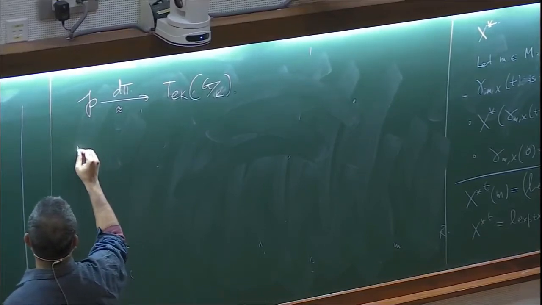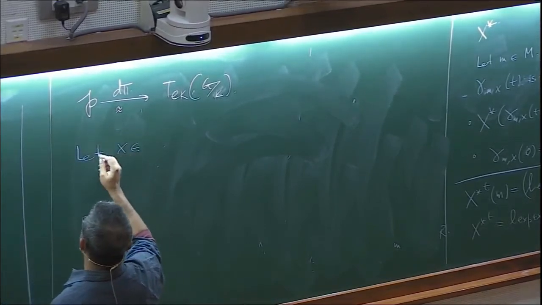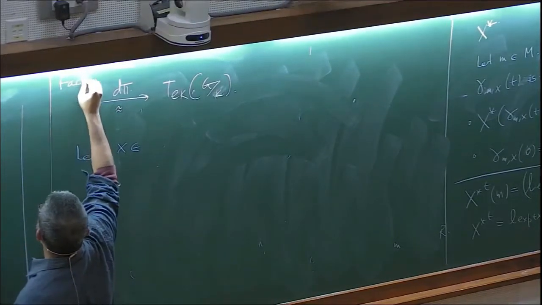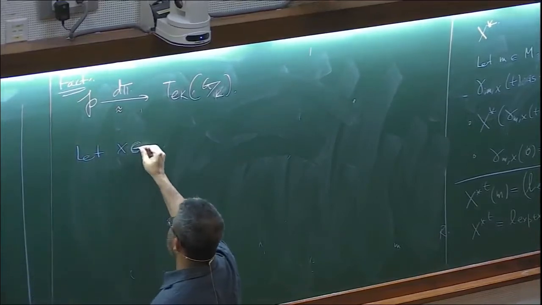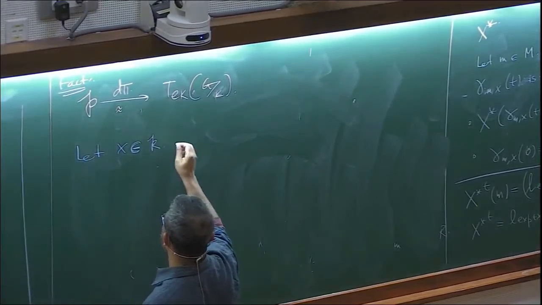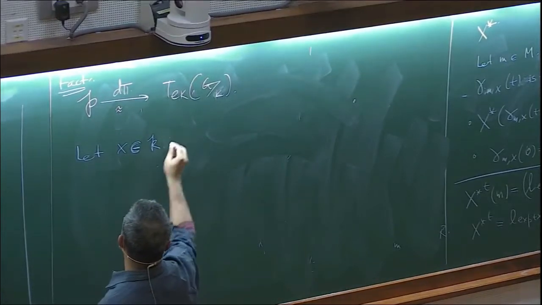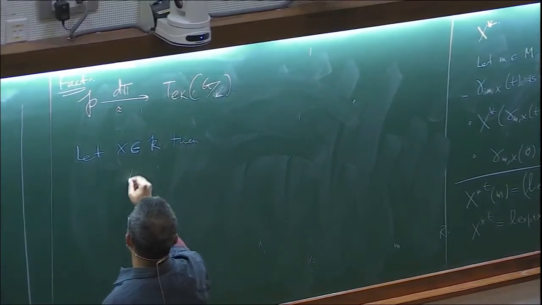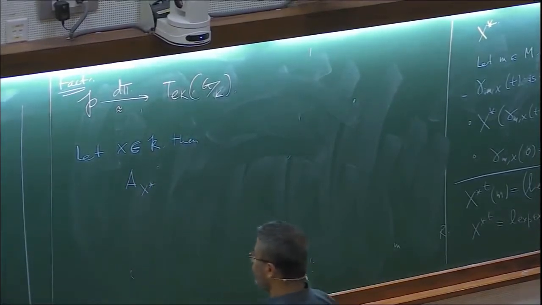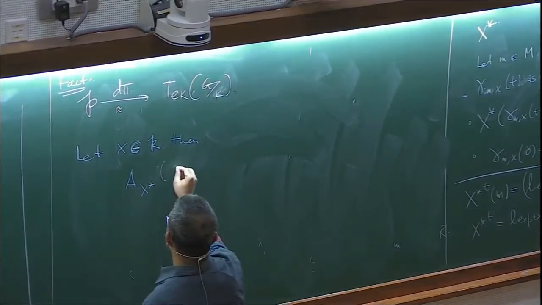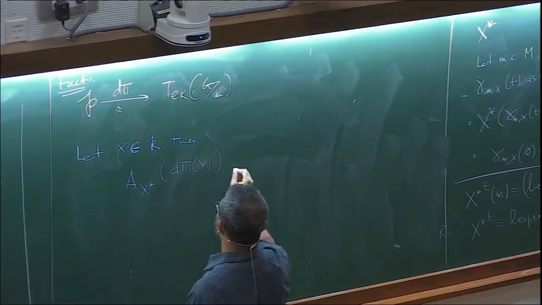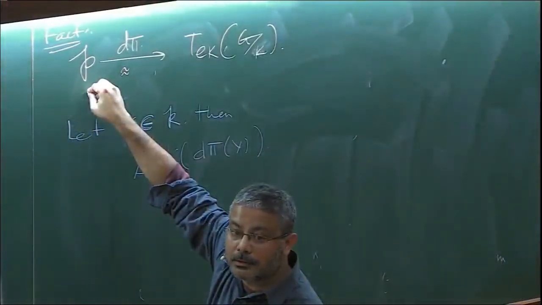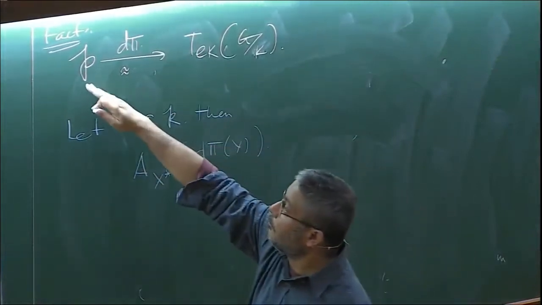Now I'm just writing the fact. Let X be in K, and then let A_{X*}(dπ(Y)) be defined as dπ(−[X,Y]) if Y is in P. You see, I'm writing in terms of P, because I know what P is; I understand this through P. All my formulas are going to be written in terms of this map.